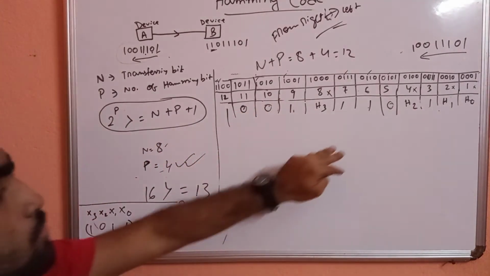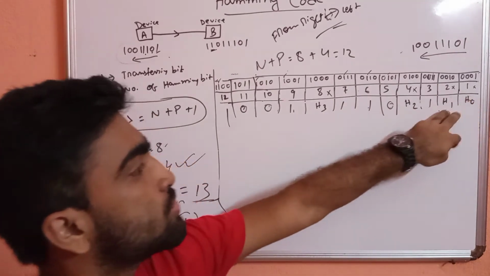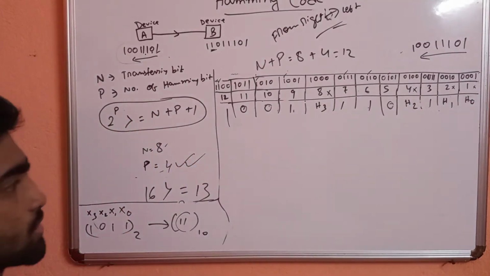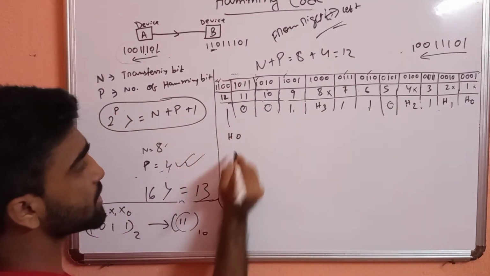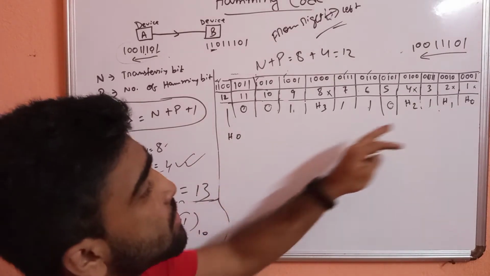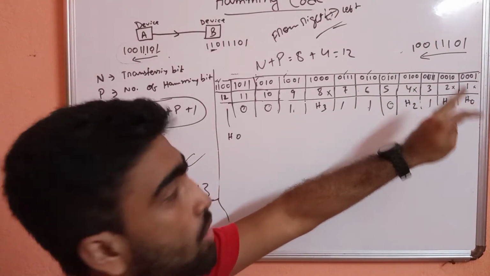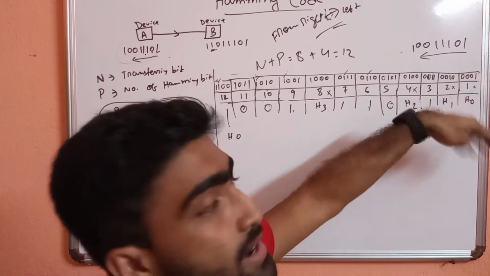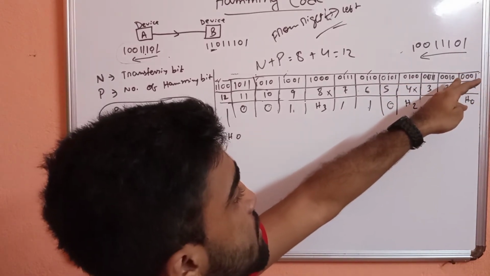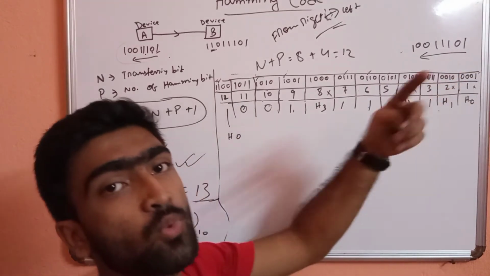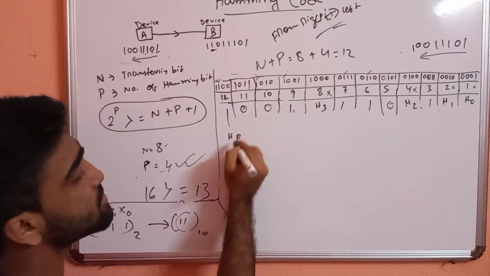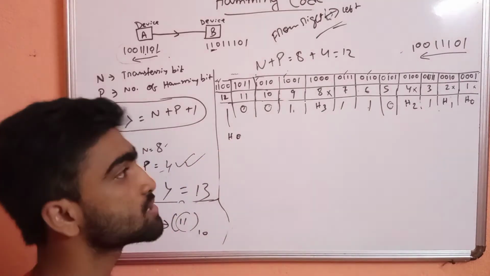Now we have to find these Hamming bits H0, H1, H2, H3. How to find them? First H0. H0 means we consider all the numbers whose binary last bit is 1. Last bit is 1 means all the odd numbers.